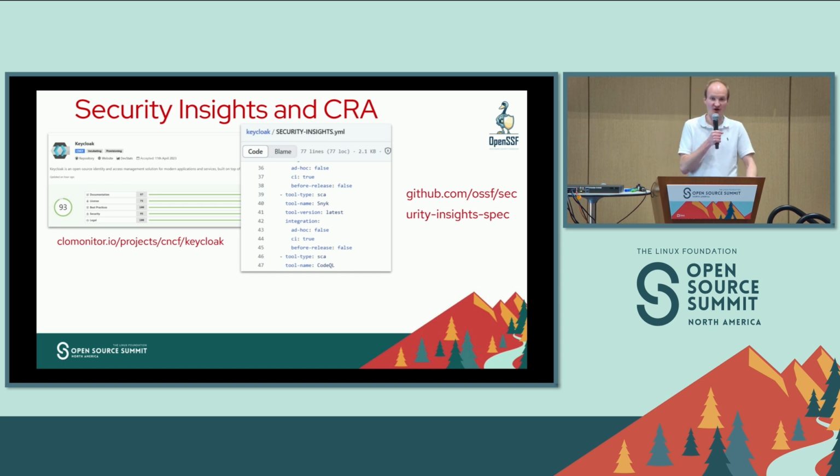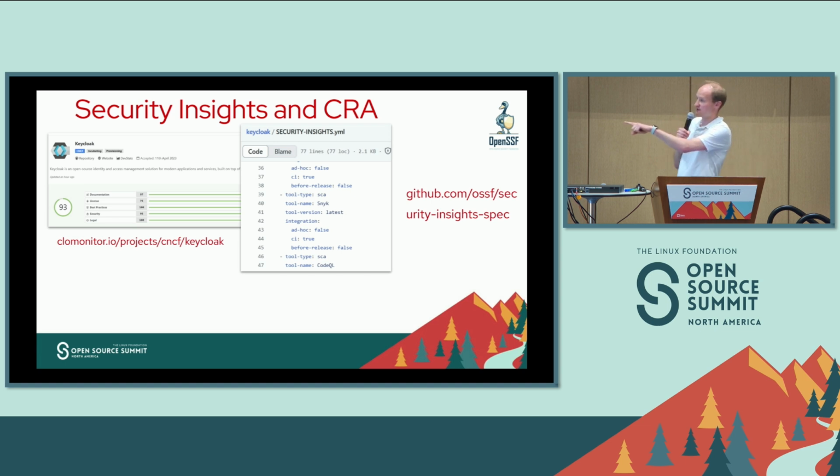This is the project under OpenSSF that would give a YAML file as a specification to demonstrate that an open source project is following certain security practices. I brought this simple example. This is Keycloak, the real project under CNCF, probably the most popular open source SSO and identity management solution, right?